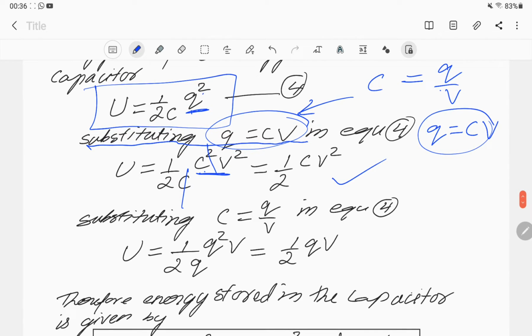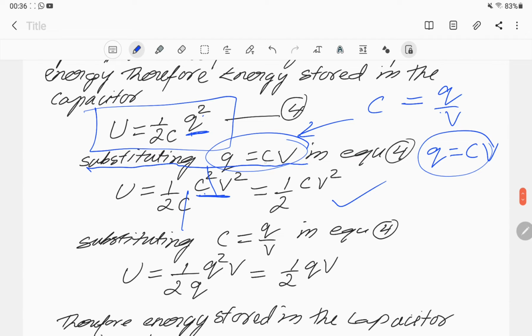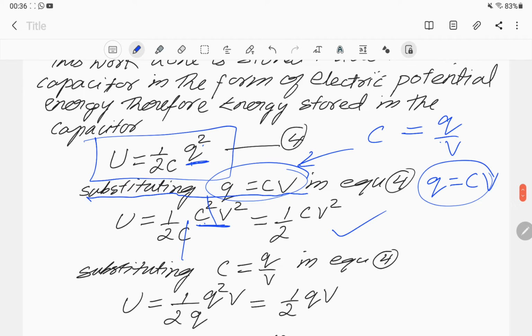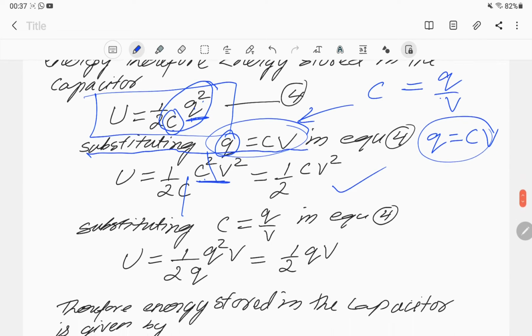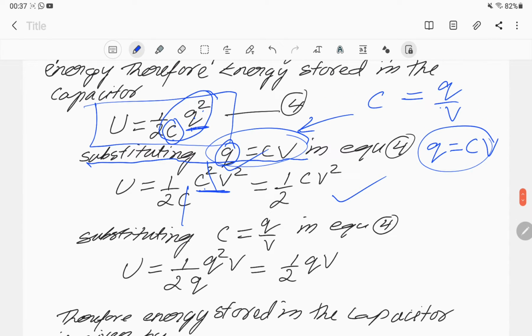Now the second step: we have to replace C. We have Q and C; first we replaced Q, that is done. Now we have to replace C, from the same formula.